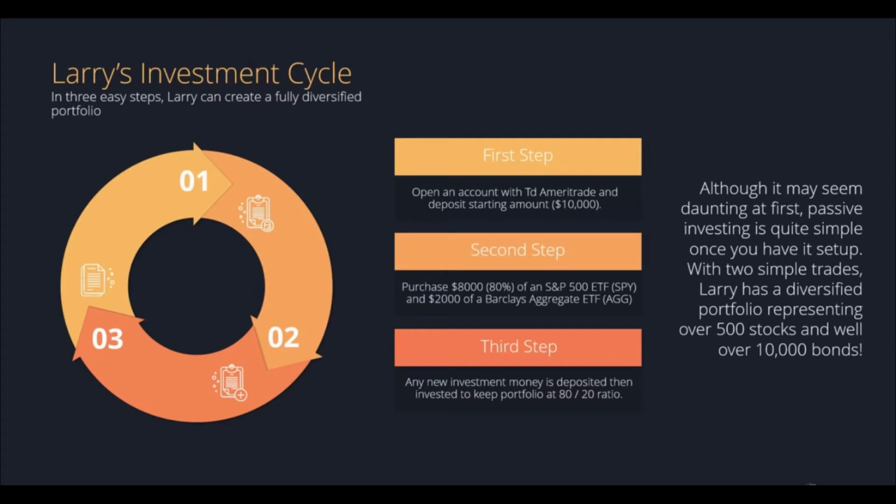And then in the third step, any additional money that he has is going to be invested in such a way that keeps the portfolio in that 80-20 balance. So let's say, for example, that Larry gets another $5,000 six months later, but the stock has greatly outperformed the bonds.